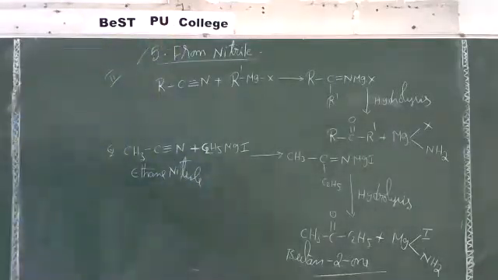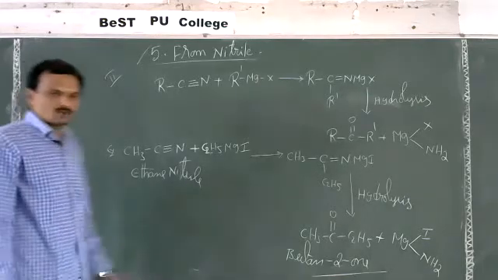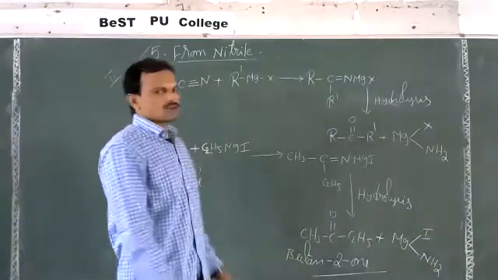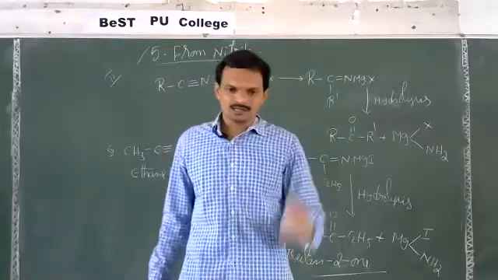Okay, so overall, reduction of nitriles with SnCl2 plus HCl or DIBAL-H gives imine, which on hydrolysis gives aldehydes.